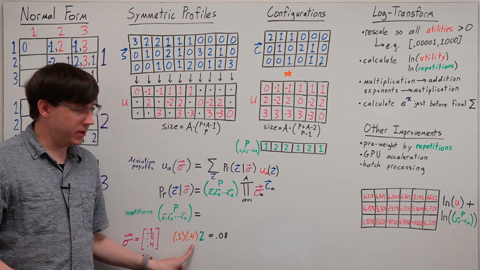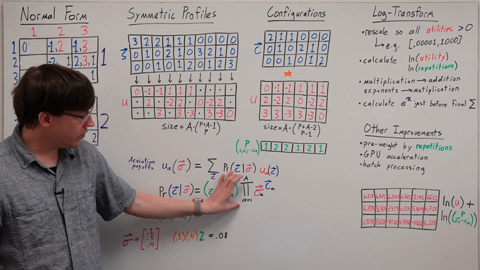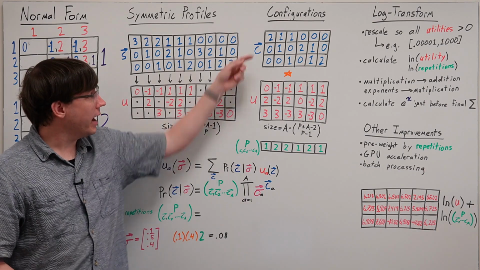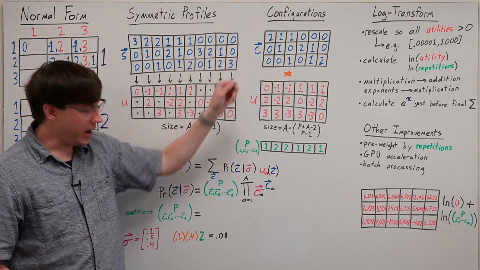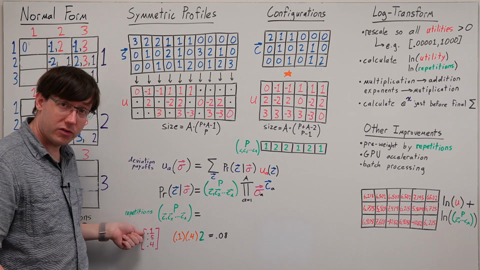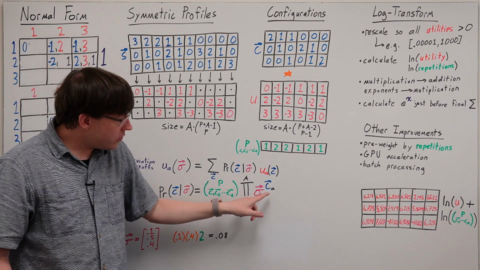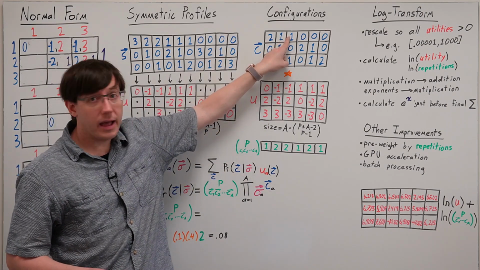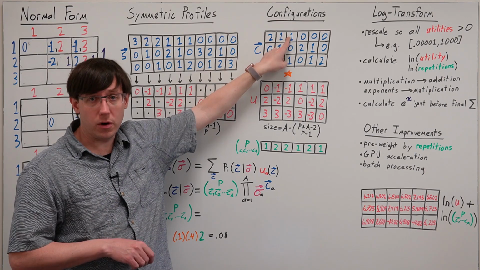Multiplying out the probabilities corresponds to this product over all of the actions. For each action, we're taking its probability in the mixed strategy and raising it to the power of the corresponding element in the configuration.